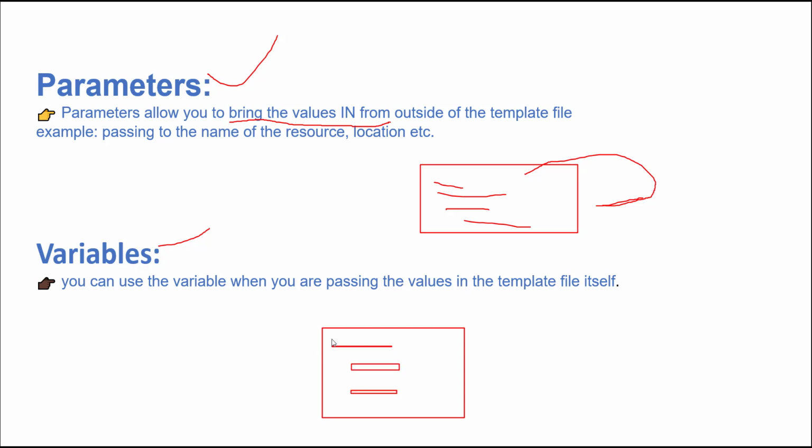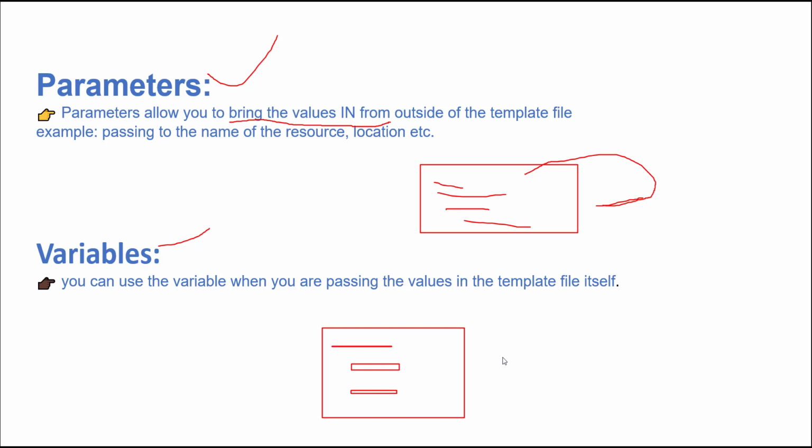Consider you have everything set in your template file. Considering that you have to pass the SKU for your storage account, and you require LRS or GRS according to your need, you can mark that value as a default, and it will be picked from your file as the default value. So for that matter we can use the variable also.